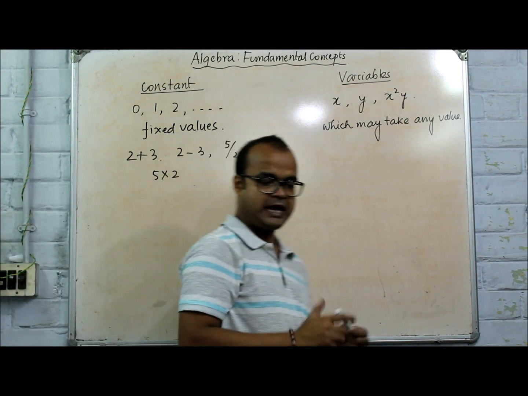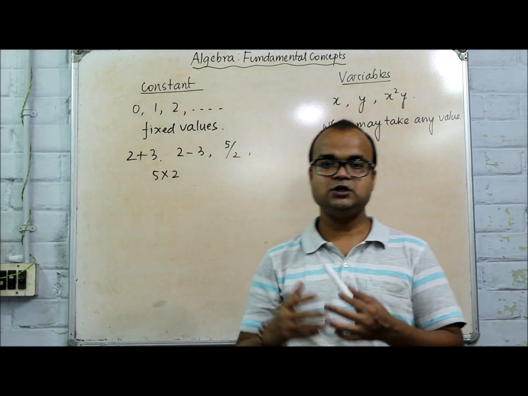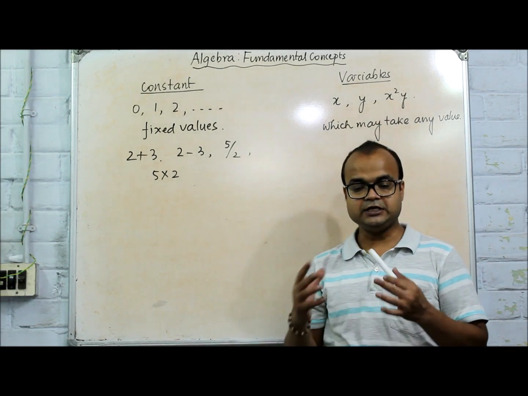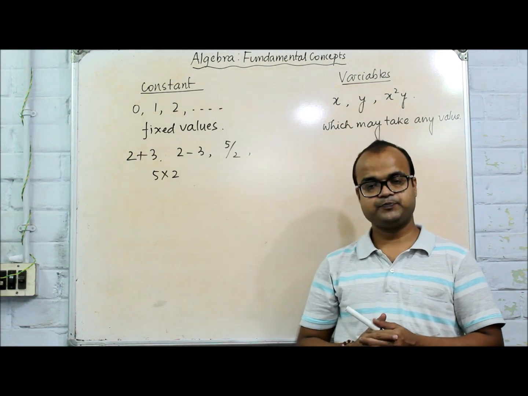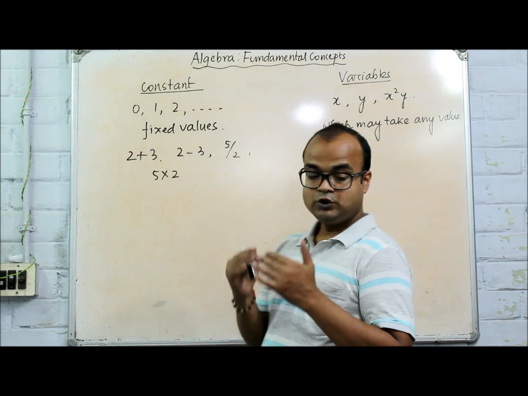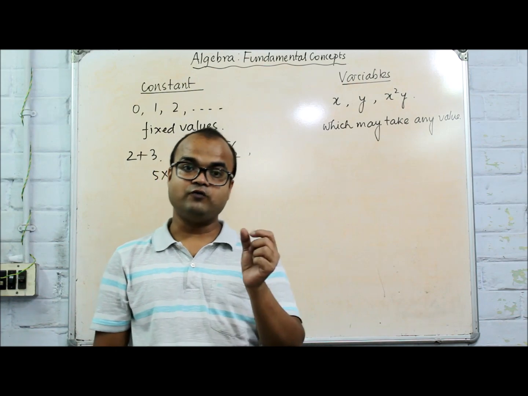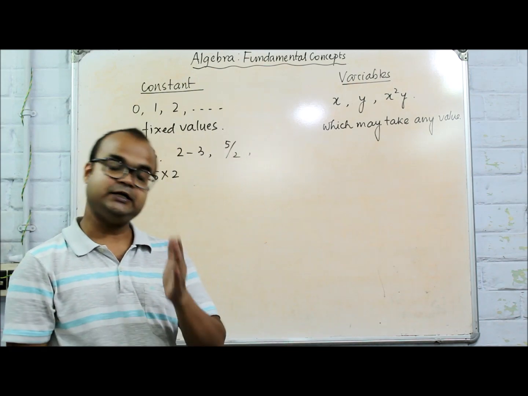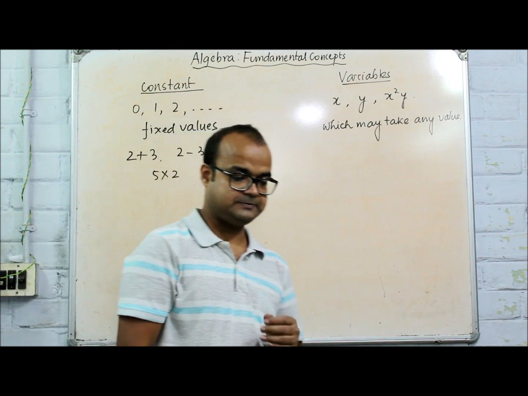That means if we apply a combination of 2 or more than 2 constants, it is always a constant. Again I repeat, a combination of 2 or more than 2 constants is always a constant.